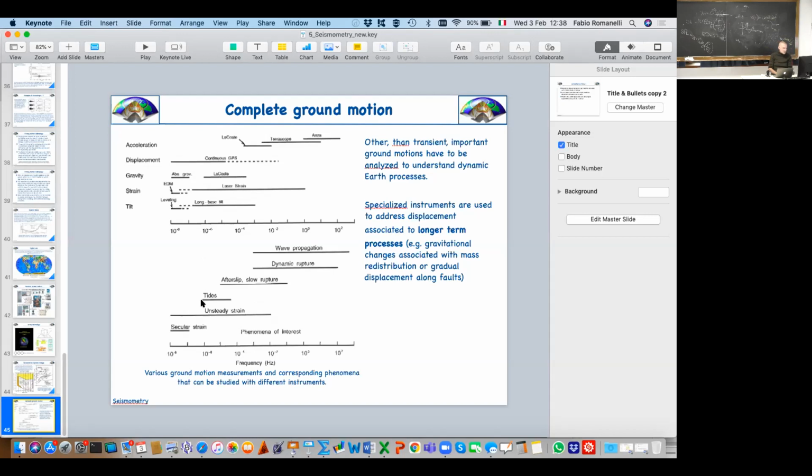It will be viscoelasticity. And on Friday, we're going to develop some ideas coming from instruments, wave fields, and the history of seismometry to better develop the idea of magnitude.